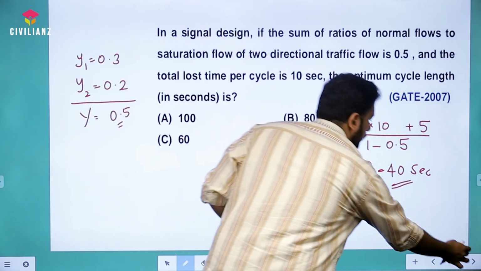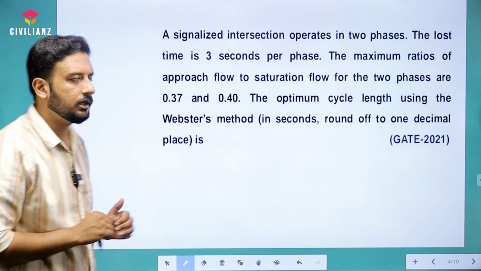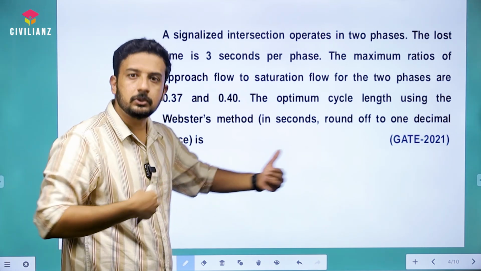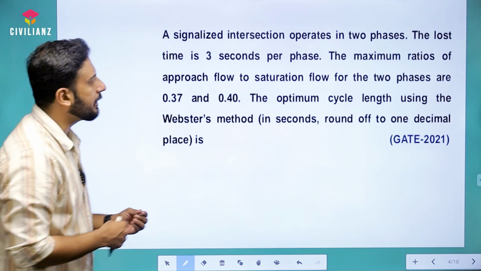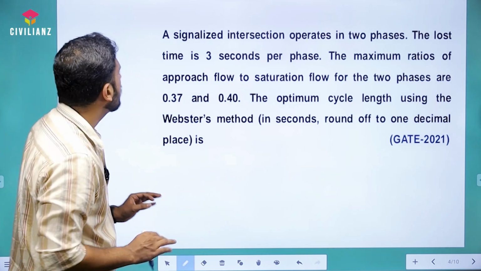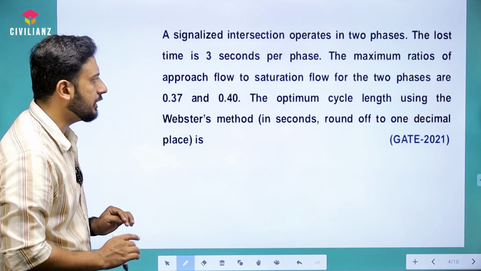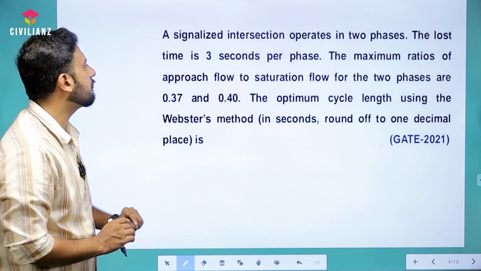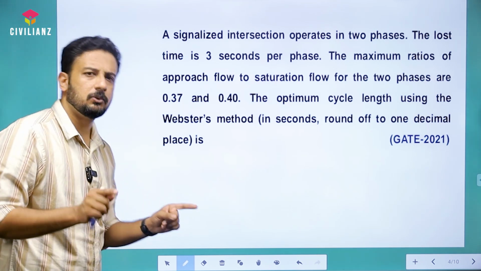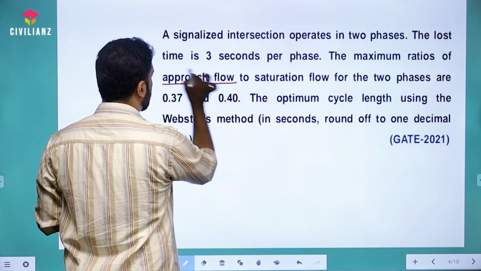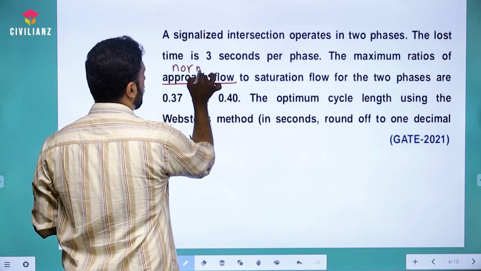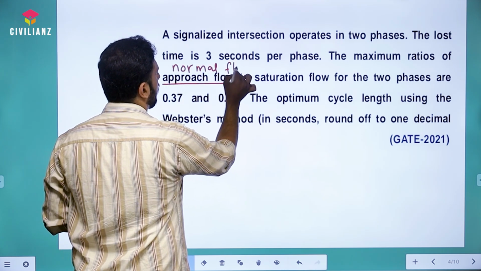Yes. Now, going into the next question, we are going to explain the concept through questions. Look at the question. A signalized intersection operates in two phases. The lost time is 3 seconds per phase. The maximum ratio of approach flow to saturation flow: these are synonyms for normal flow. Approach flow is also called normal flow or critical flow.